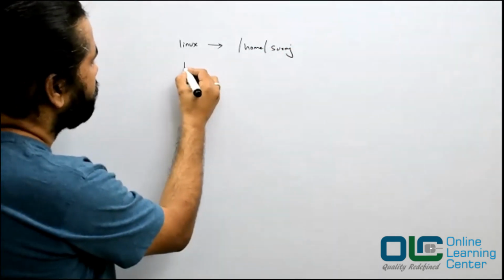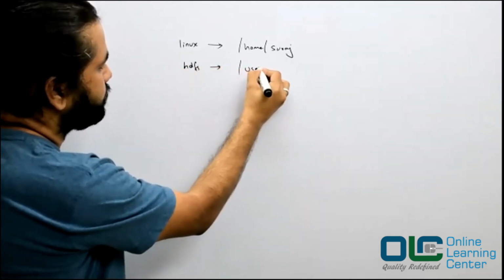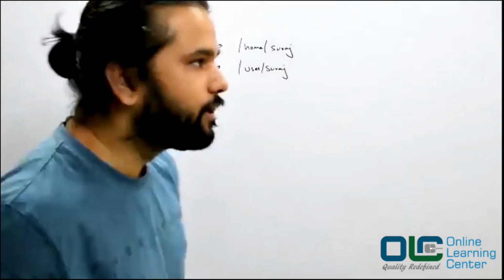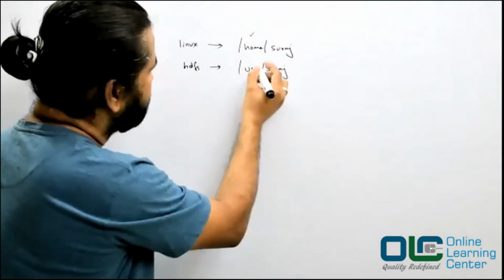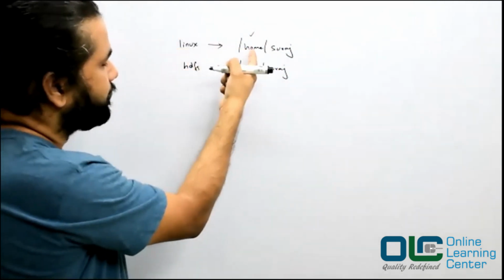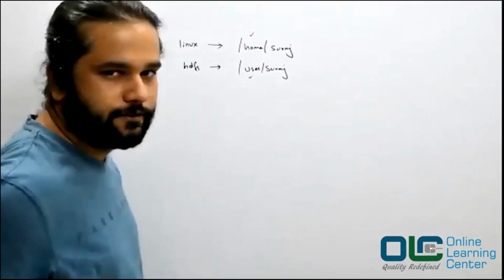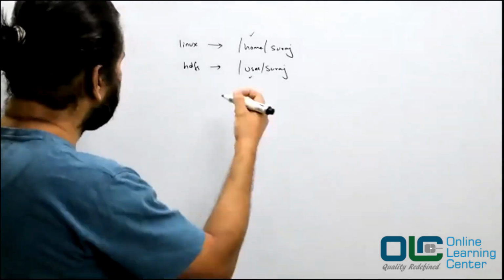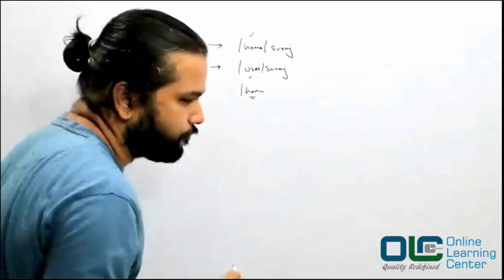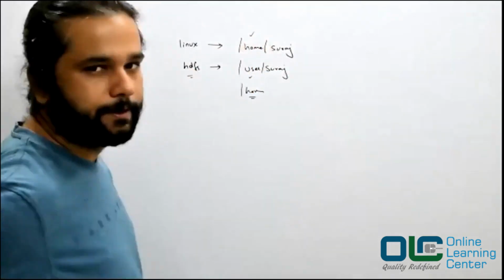But if you're working on your HDFS, the folder name would be /user/Suraj. So sometimes by looking at this name, either home or user, you will be able to identify whether you are talking about the Linux file system or the HDFS file system. But I'm not saying that you cannot have /home in your HDFS. At the end of the day, this is just a folder name, but usually the convention is this way.